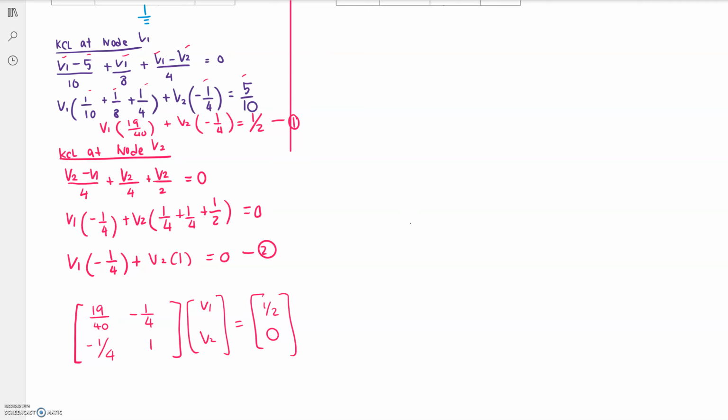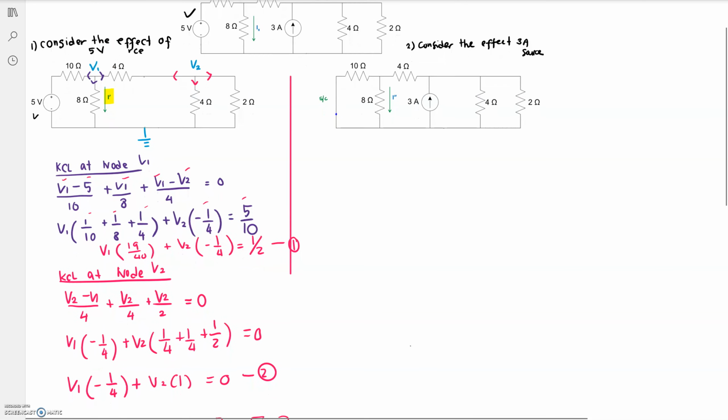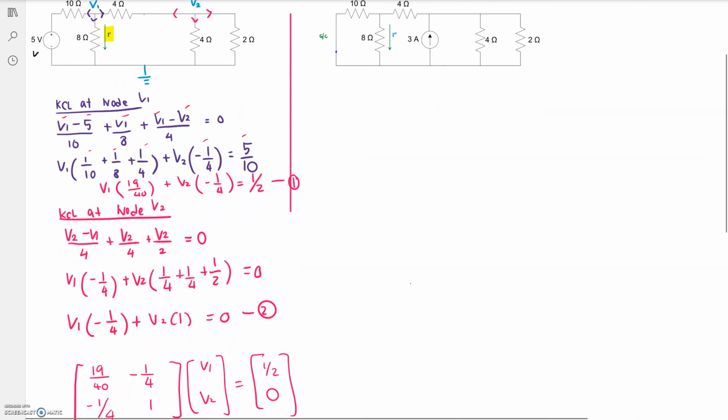By using the calculator, V1 is 40 over 33, which is 1.212 volt. And V2 is 10 over 33, which is equal to 0.303 volt.